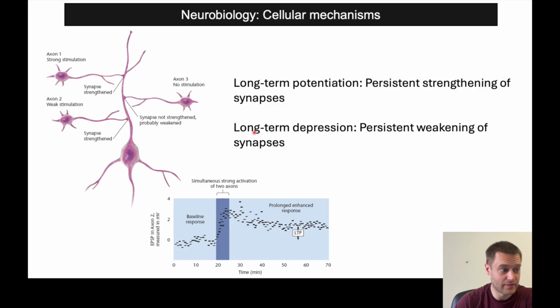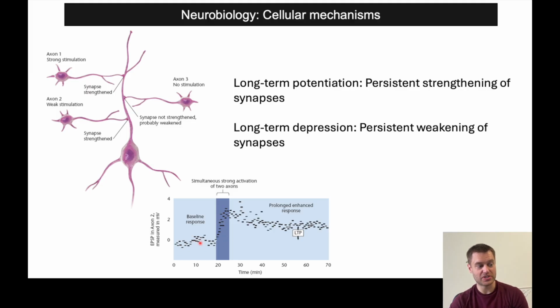Anyway, so we have long-term potentiation, which is also LTP, and this is a persistent strengthening of synapses. And we have long-term depression, which is a persistent weakening of synapses. So when electrophysiologists are studying the action potentials of neurons after a learned event, they can actually measure the excitatory postsynaptic currents that are happening. And when LTP is observed, you can see that this excitatory current is increasing.